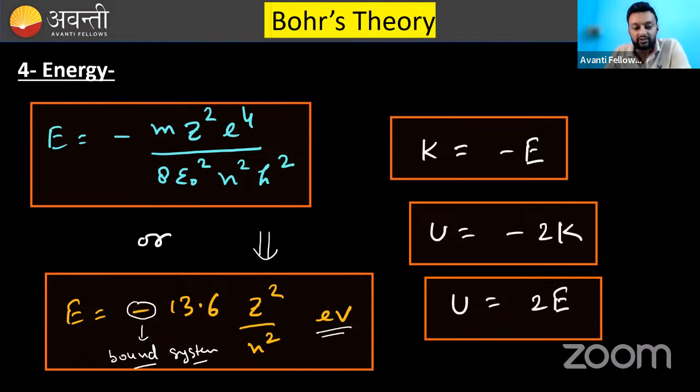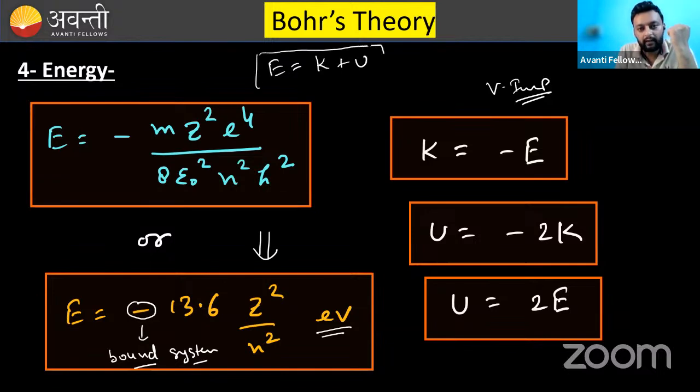Now, another thing that is to be remembered and very important is this relation. Energy of the atom is mainly due to two factors. One is kinetic energy and one is potential energy. Total energy is given by two factors. One is kinetic, one is potential. So the relation between these three quantities is on your screen.